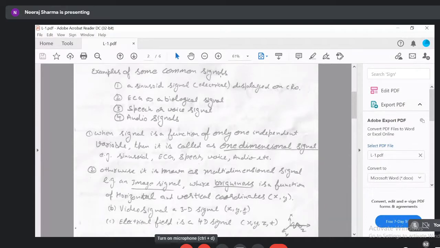Then audio is another signal. It is again a physical signal. It is not an electrical signal. Audio signal means anything which is audible to the human being, and we know that the audible band starts from 20 hertz and ends at 20 kilohertz.